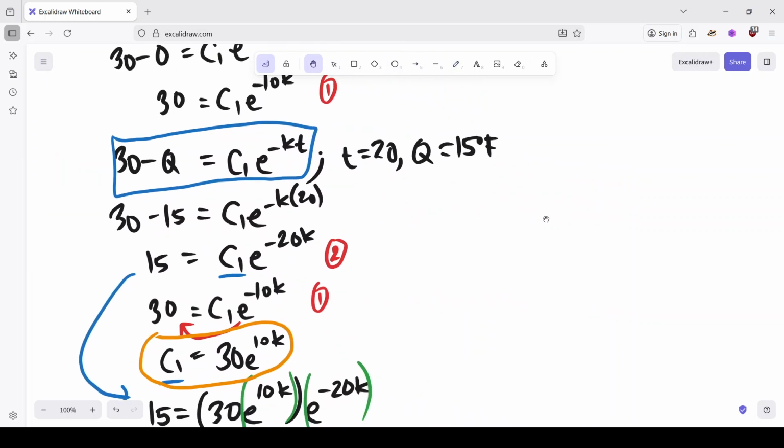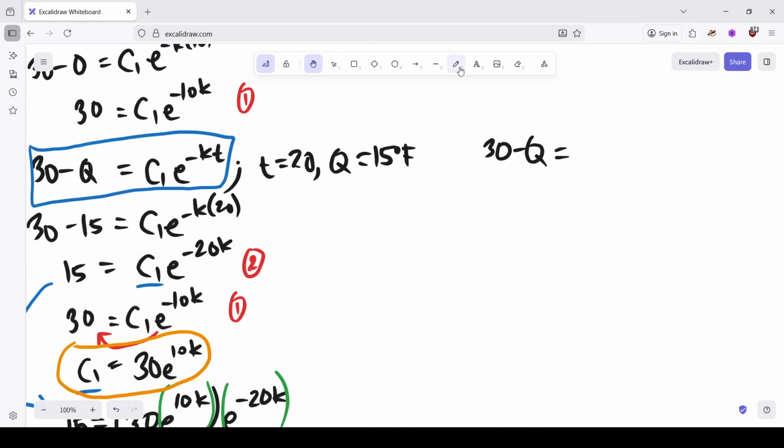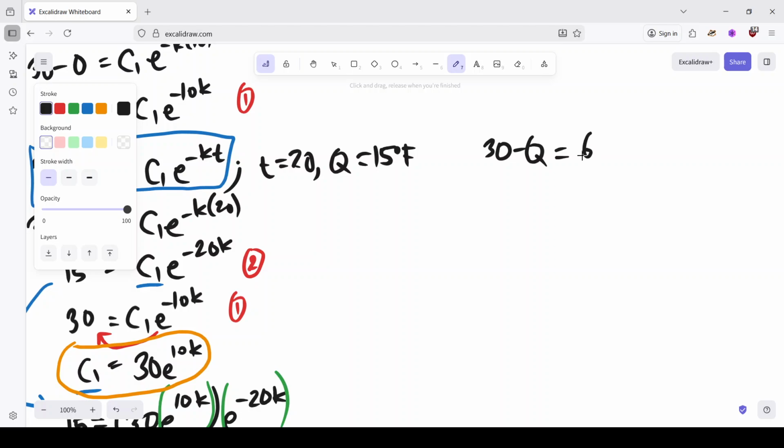Our equation now will look like this: 30 minus q is equal to, c1 is 60, 60 e raised to negative k, which is negative 1 over 10 ln of 0.5 times t.